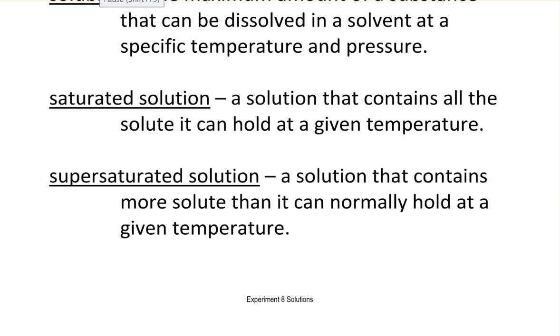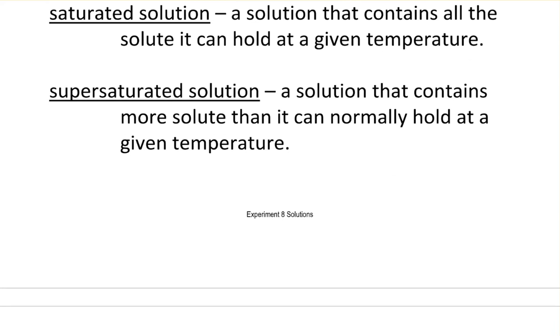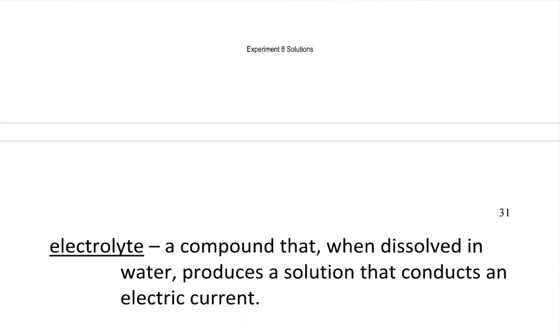When it's hot, you can get a lot of sugar to dissolve, but if you take that hot sugar water and cool it in your fridge, it's no longer stable with that much sugar dissolved, and so the sugar will come out in crystals. So you can't get a supersaturated solution by just stirring. That's a good thing to know.